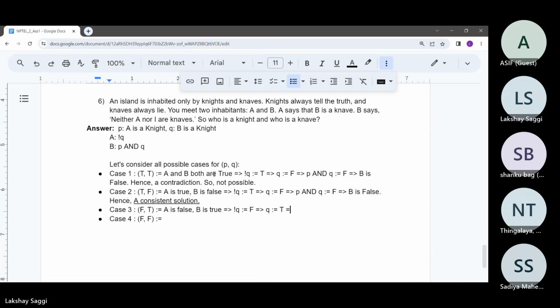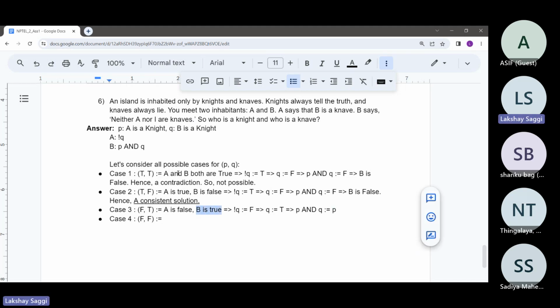And what this means is that P and Q will actually be equivalent to P only, because P and Q resolves to P and true here. Q will be replaced by true, so P and true will be just P only. So whatever B is saying is actually equivalent to P.